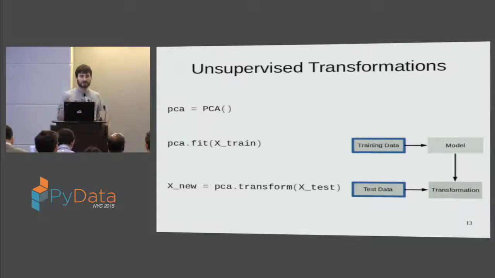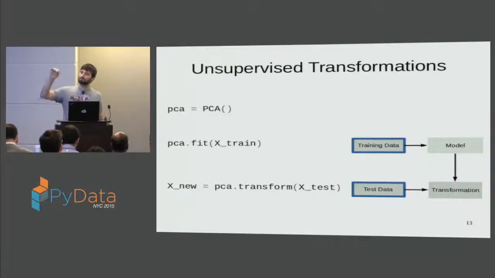And this is how this looks in scikit-learn. It's very simple, similar. PCA is principal component analysis, which I don't have time to explain. But the idea is, you instantiate your model. You fit your model with the data. This time, there's only X train. There's no y train, because this is an unsupervised model, we only have data. There's no desired outcome.